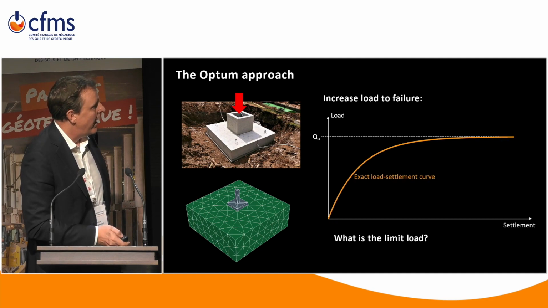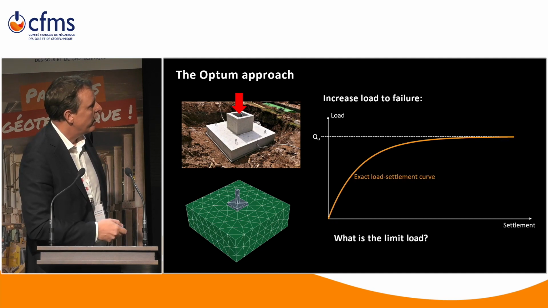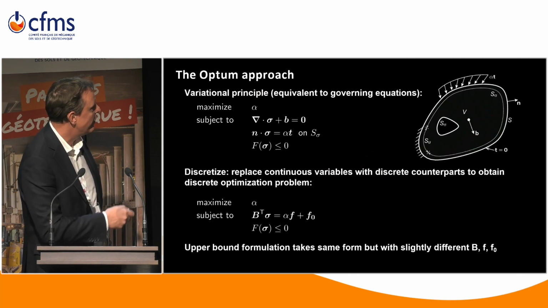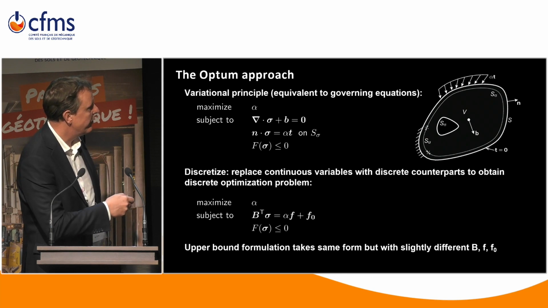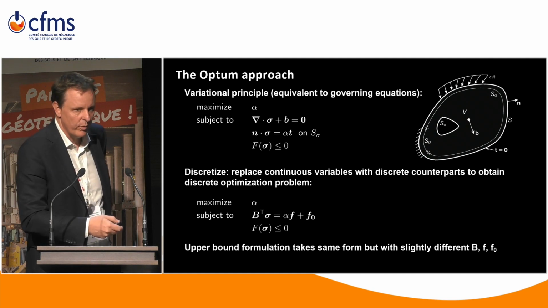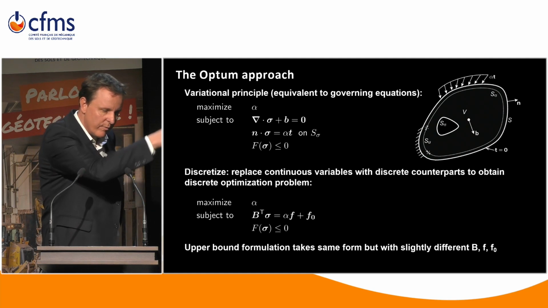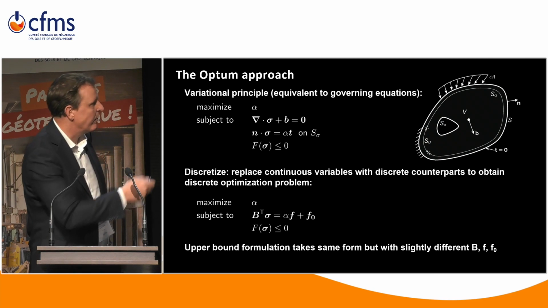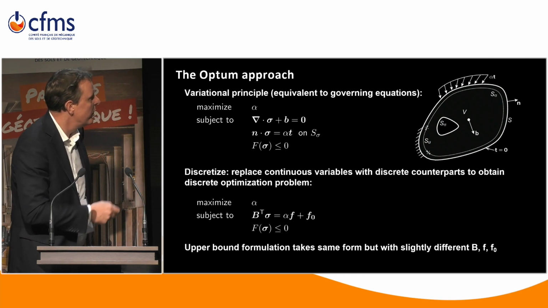Now, I should also say, I forgot to say that, this was a lower bound formulation. As I'm sure everyone knows, there is an equivalent upper bound formulation. So there is an approach where you come from above. I decided not to go through it here.